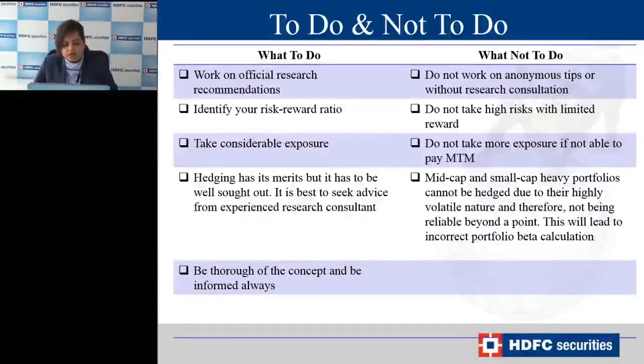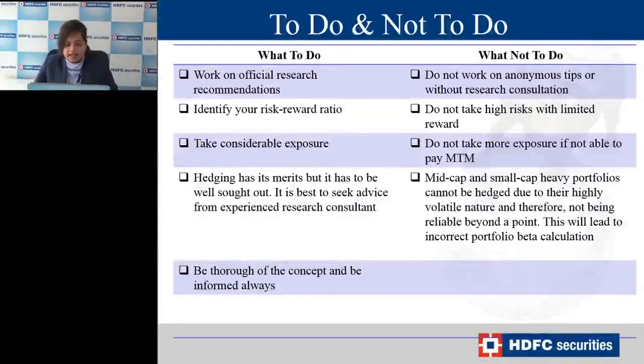So we must always be thorough with this concept of hedging. We must continuously read, understand strategies, read more articles, and attend more webinars on hedging strategies to understand exactly what hedging means. We must always stay safe and hedge a position to avoid any unseen volatility and reduce the risk attached to that volatility.